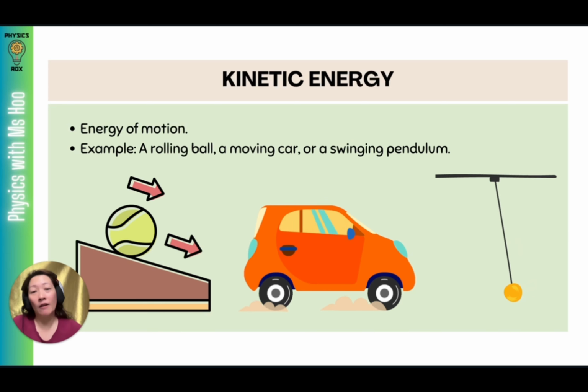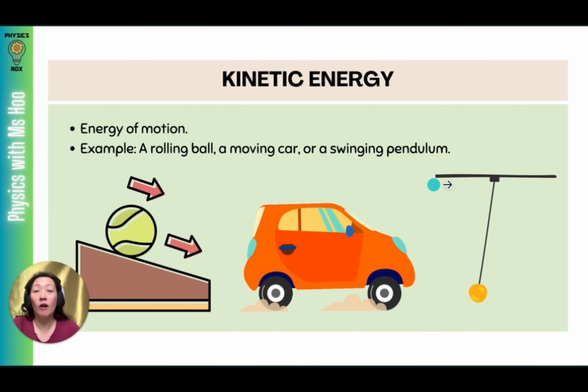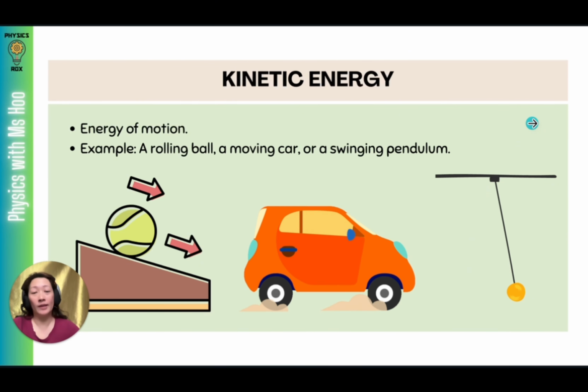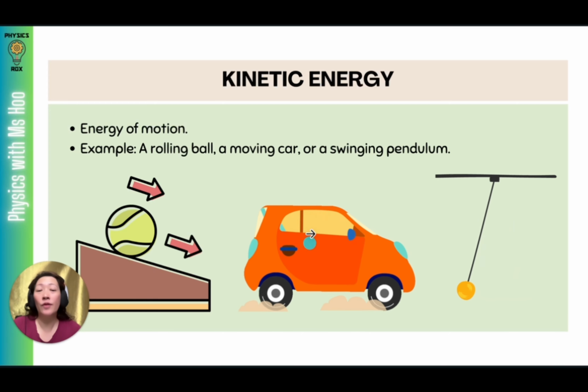You can think of it as, even though the object is moving, it's still a form of energy store because this kinetic energy could then be potentially converted into another form. For example, it could convert into thermal energy due to the friction or air resistance.